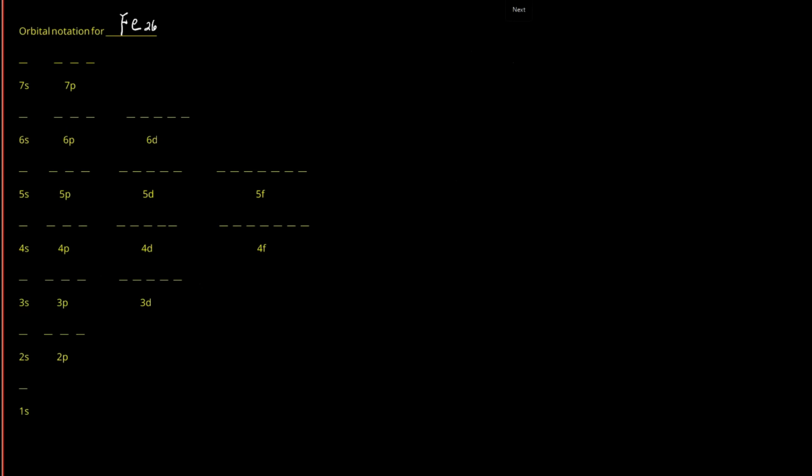In this example, let's try iron. Iron is a transitional metal with 26 electrons. It is located in 3D. So I can go ahead and start filling these in.